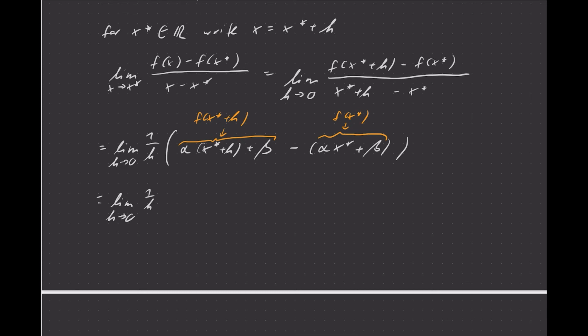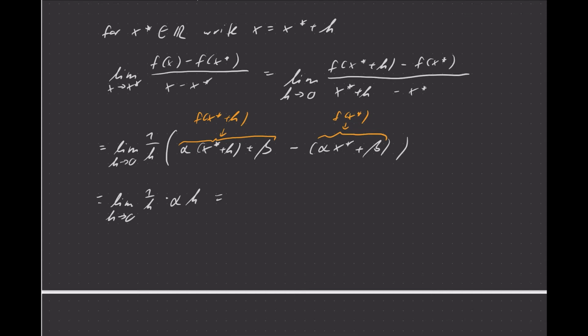What we get here is beta plus beta, and here is a minus beta, so the beta cancels out. Here we have an alpha x star, and here we have minus alpha x star, so that cancels out as well. What is left is alpha h. So we're left with alpha h here.